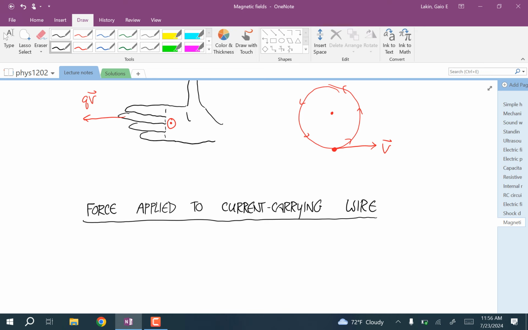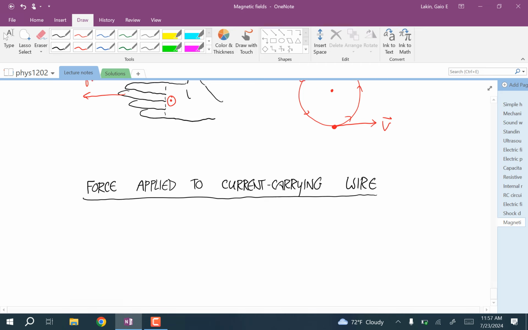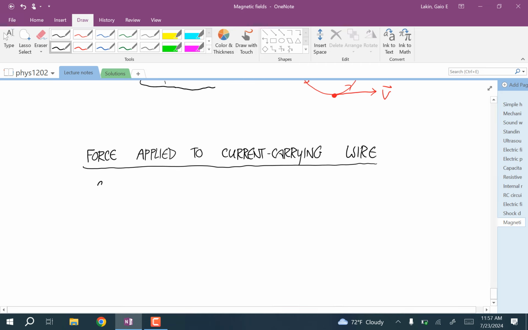And so because that wire is made up of current-carrying particles in motion, there has to be a force applied to the wire, just like there are forces applied to those individual particles. So an electric current comes from charges in motion.